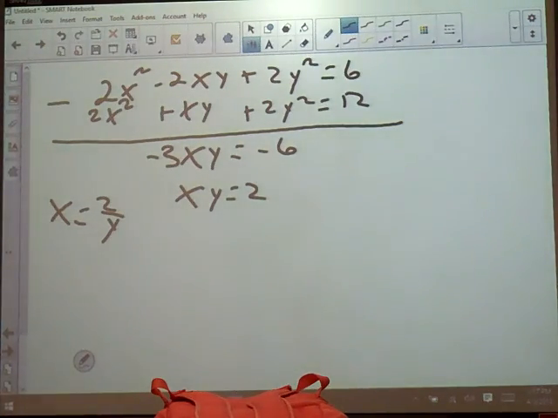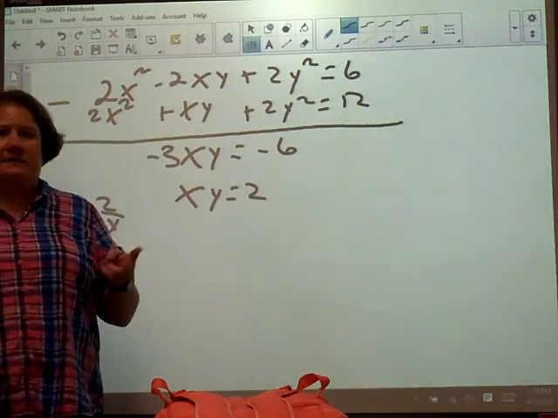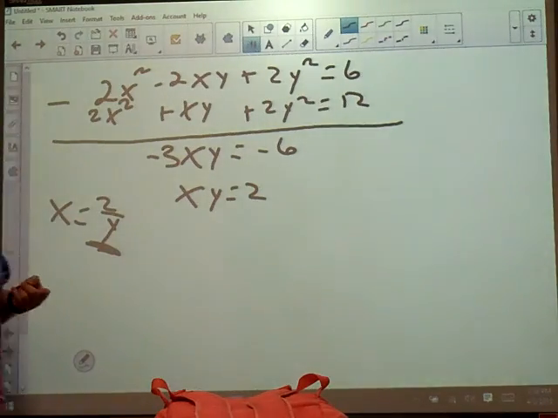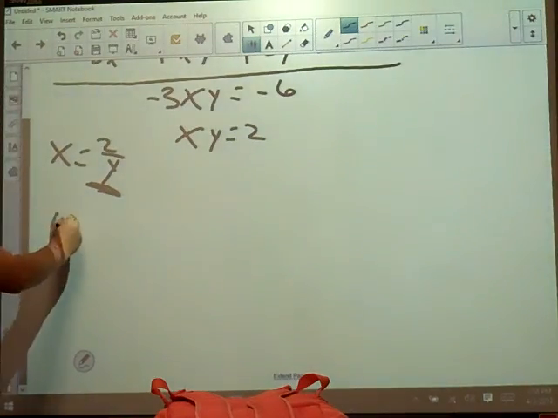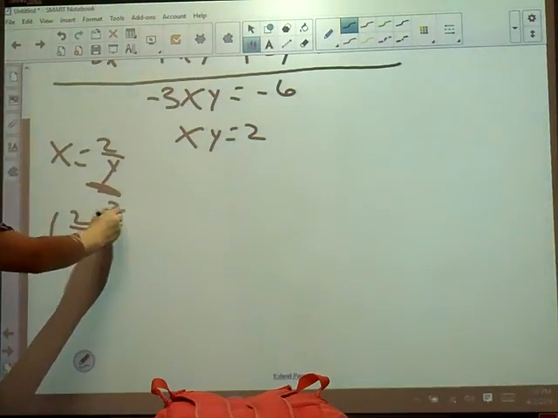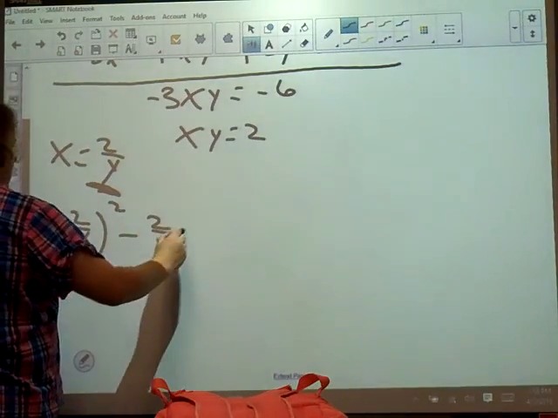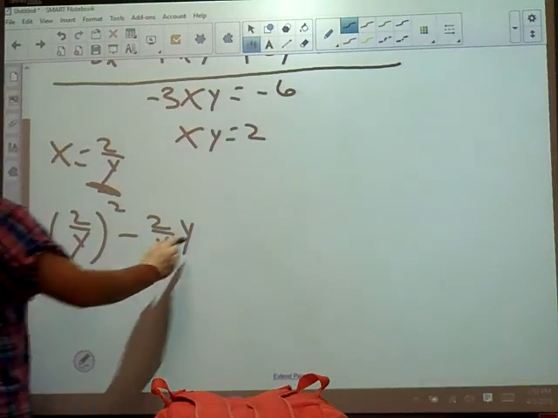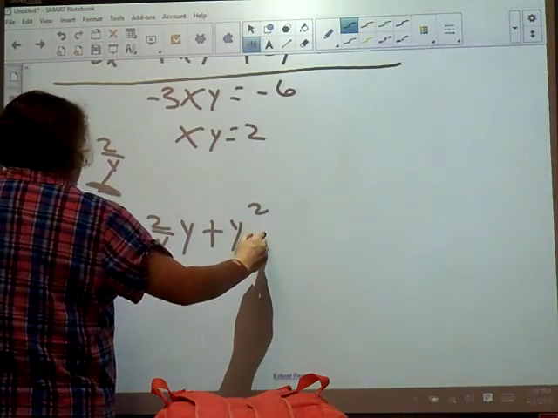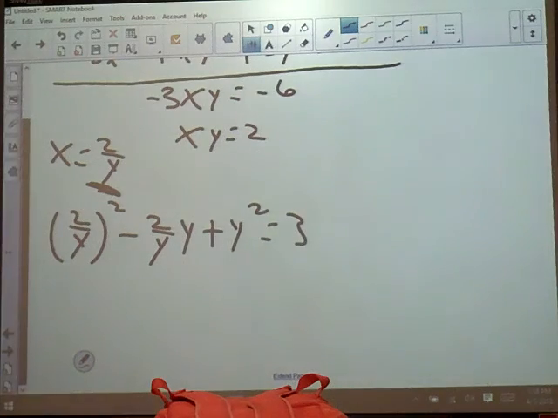Now I'm going to take that and substitute it back into one of my original equations. But there are two x's I had to plug it into. I got to plug it into the one that's squared, and I got to plug it into the xy one in both places. I plugged it into the original first equation. Okay, so it had x squared minus x times y plus y squared is equal to 3.